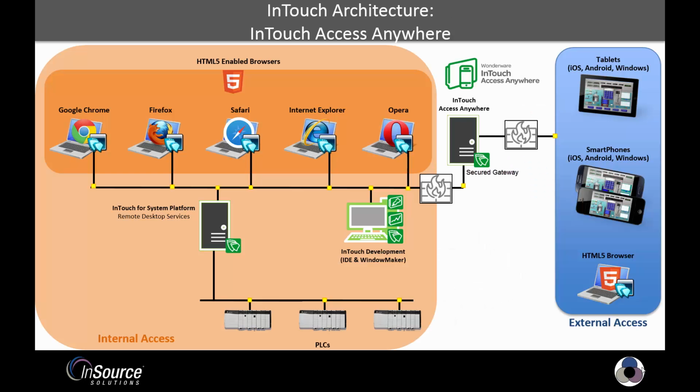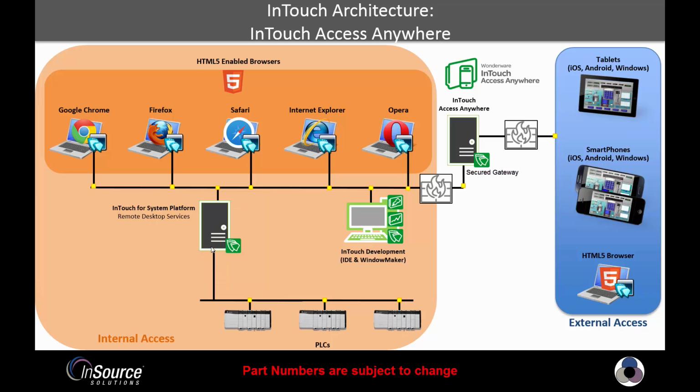So in this example, I have 5 computers that do not have InTouch installed, but they do have a browser. These computers communicate to my InTouch for System Platform computer that I have listed here and access Window Viewer through an HTML5 experience.